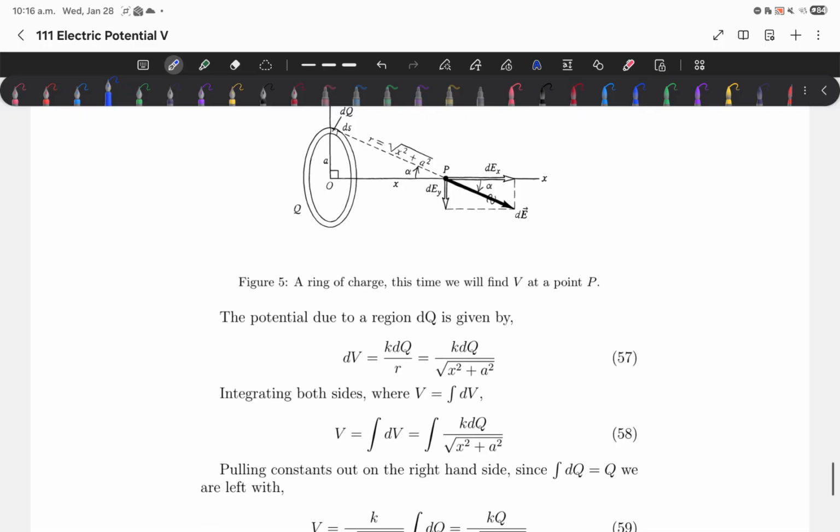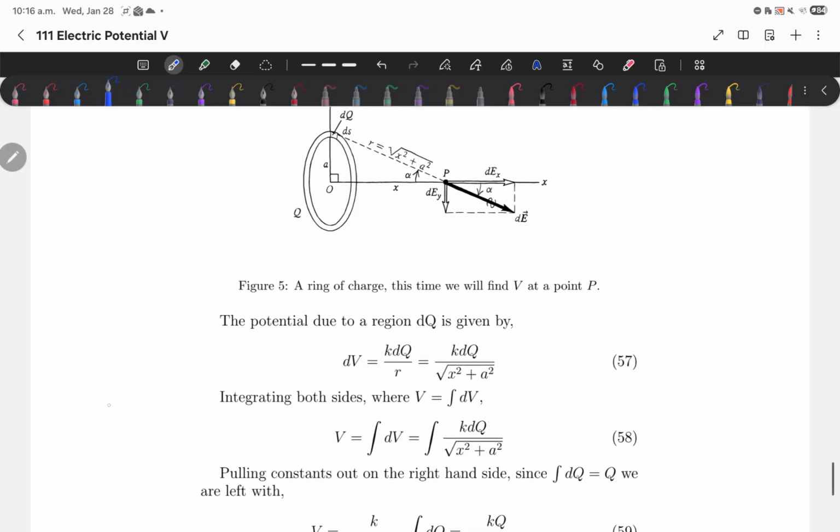What is it? Same expression we just introduced: K times the charge dq divided by the distance. Remember, the distance for the ring problem was the square root of x squared plus a squared, from the values in that diagram up there.